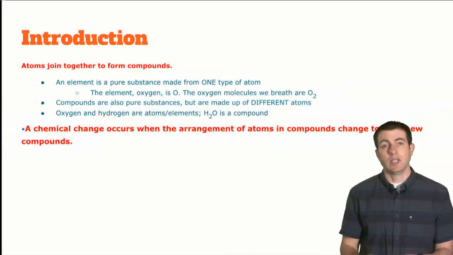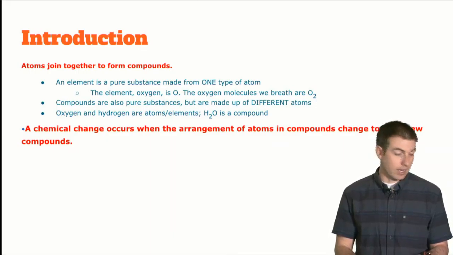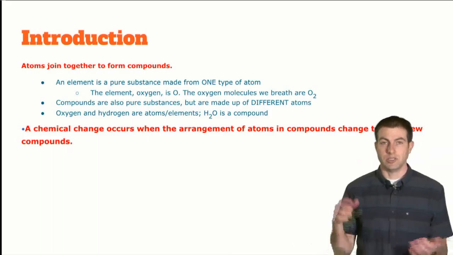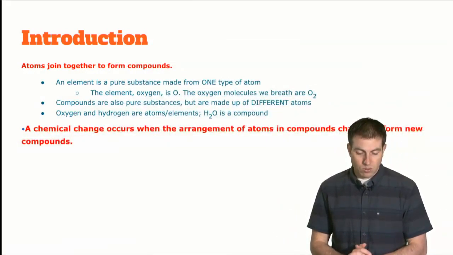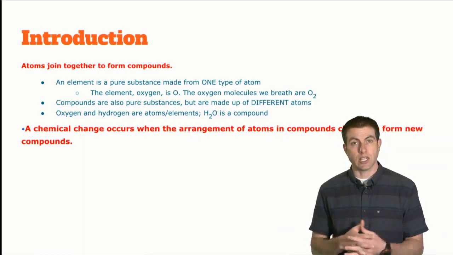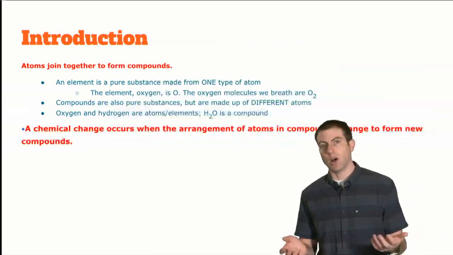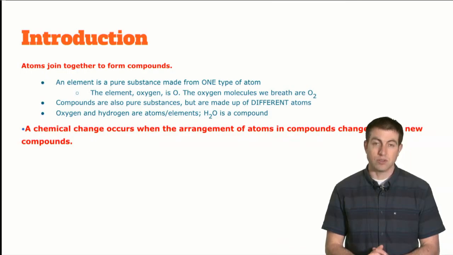A couple examples. Elements are all of those things in the periodic table. So we have all of the elements, hydrogen, helium, lithium, beryllium, all across the periodic table. And then you can have pure substances where you have just one element, like oxygen, or you can have a pure substance made of a compound, like water. Water is H2O, so 2 hydrogens for every 1 oxygen.